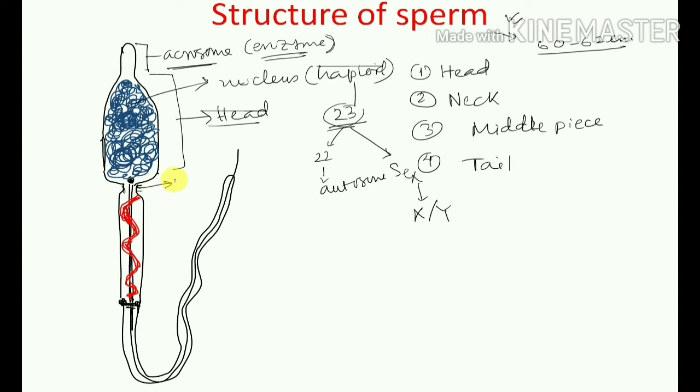Then the constricted part, this very much constricted region, is called the neck, and the neck contains two centrioles. The upper centriole is the proximal centriole, and the lower one is the distal centriole, which gives rise to the axial filament.